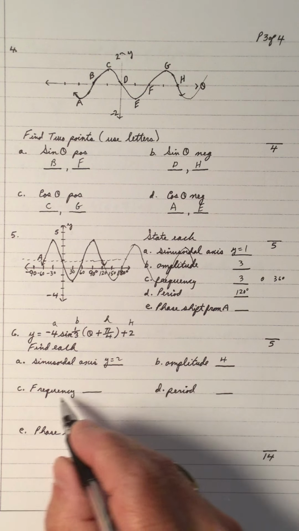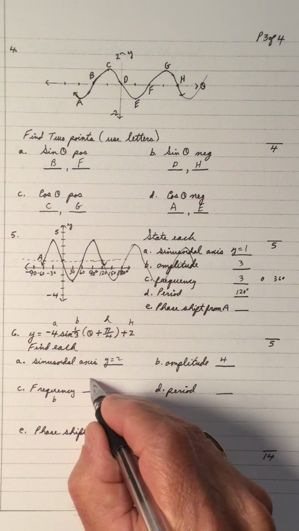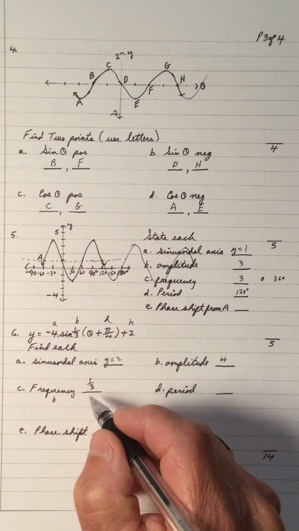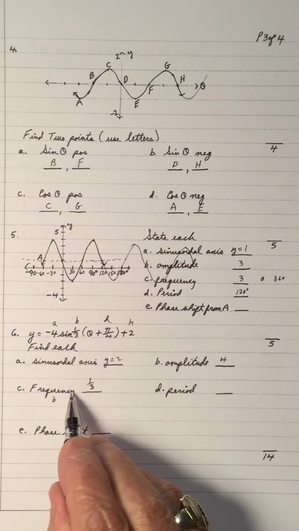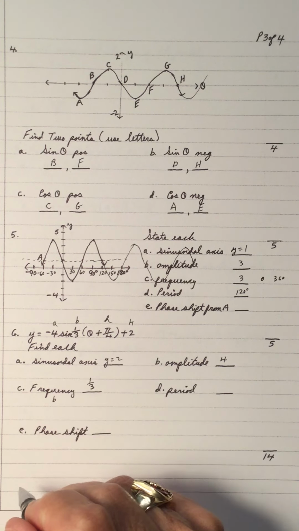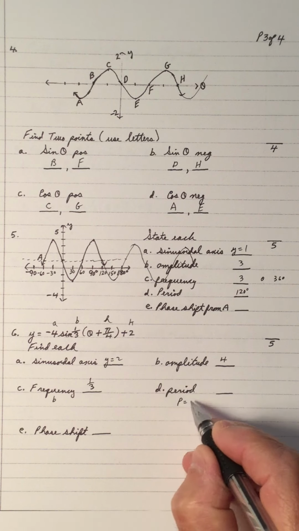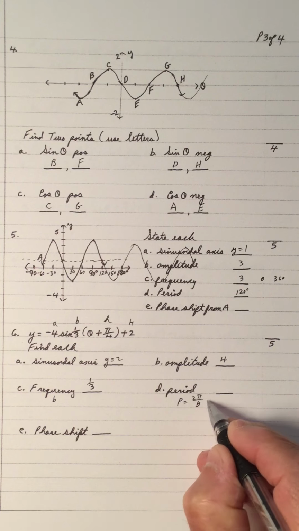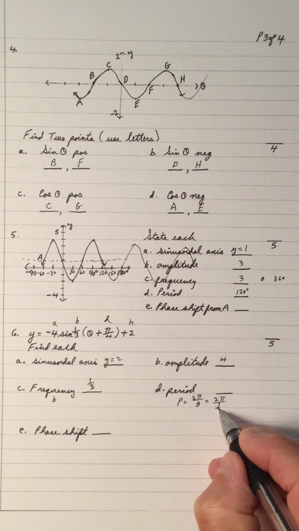Again, the frequency is the B. The B in the equation is 1/3, so there's 1/3 of the cycle. So that means 1/3 between 0 and 360. The period is, it's in terms of radians, so it's 2 pi divided by B. B is 1/3.